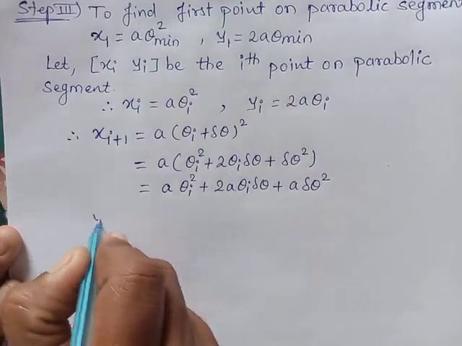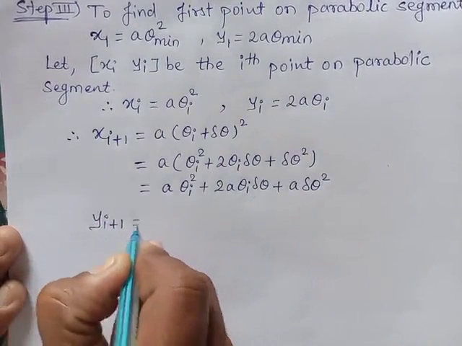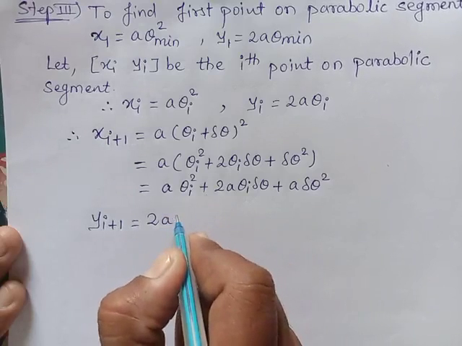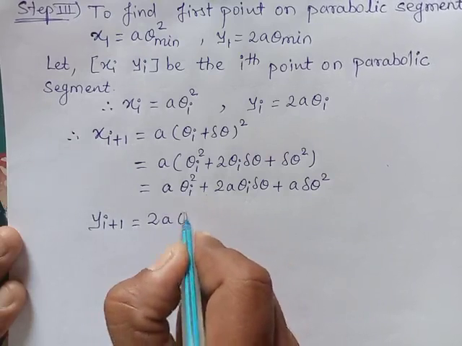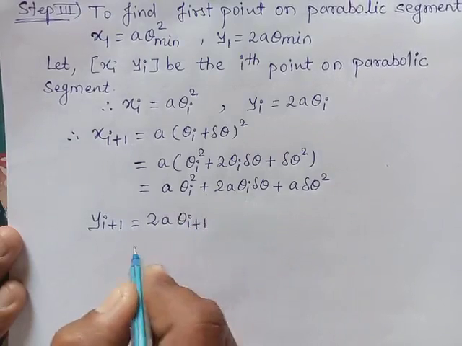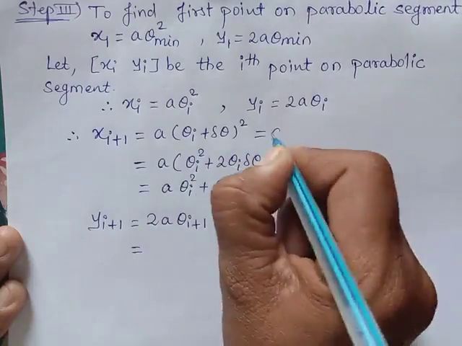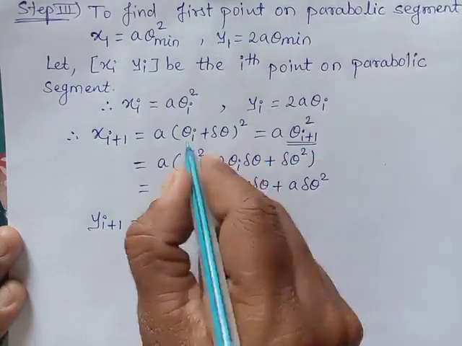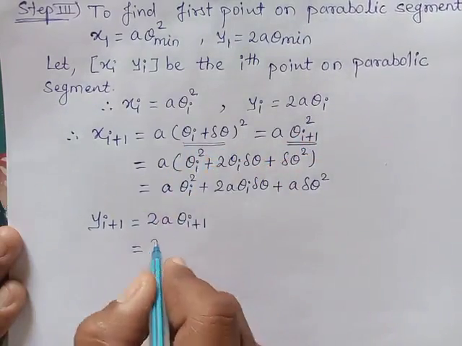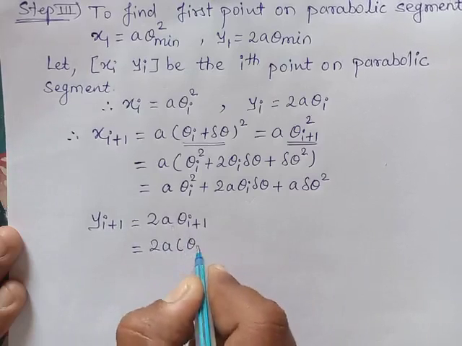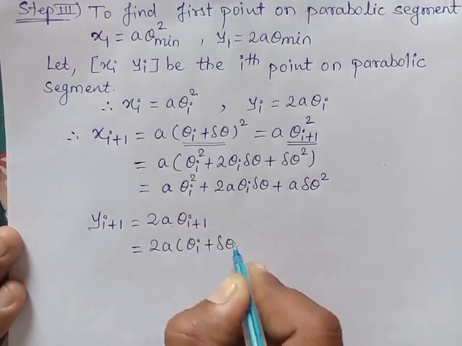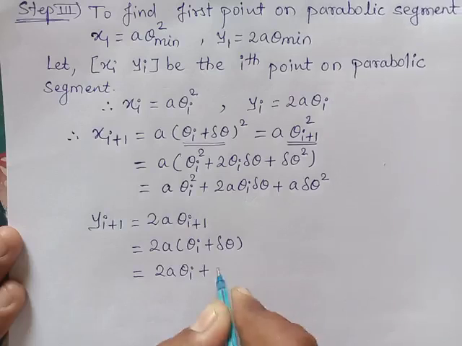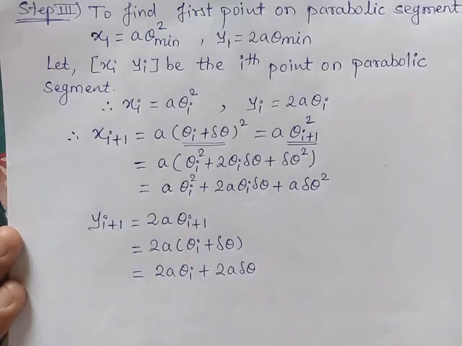Again, what about yi plus 1? yi plus 1 is simply 2a theta i plus 1, and theta i plus 1 is again theta i plus delta theta. So it will be 2a theta i plus 2a delta theta.